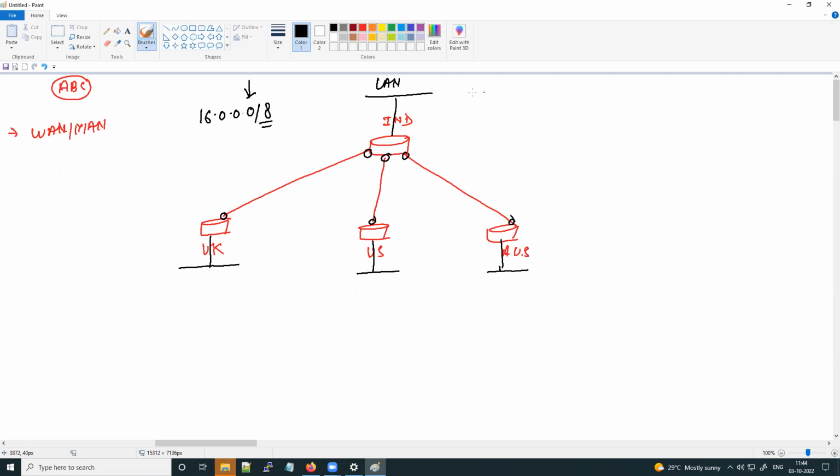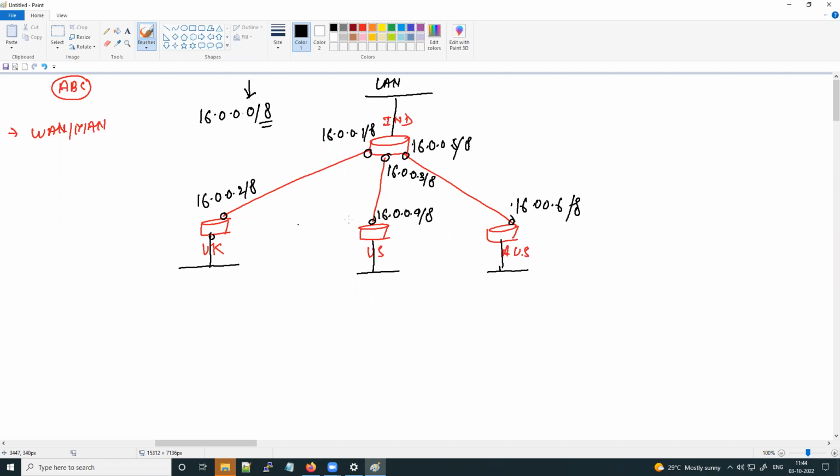And in India, again I have to assign the IP address in my LAN. So what I can do, I can assign the IP address from here. Let's suppose I'm assigning the IP address 16.0.0.1/8, 16.0.0.2/8, 16.0.0.3/8, 16.0.0.4/8, 16.0.0.5/8, 16.0.0.6/8.